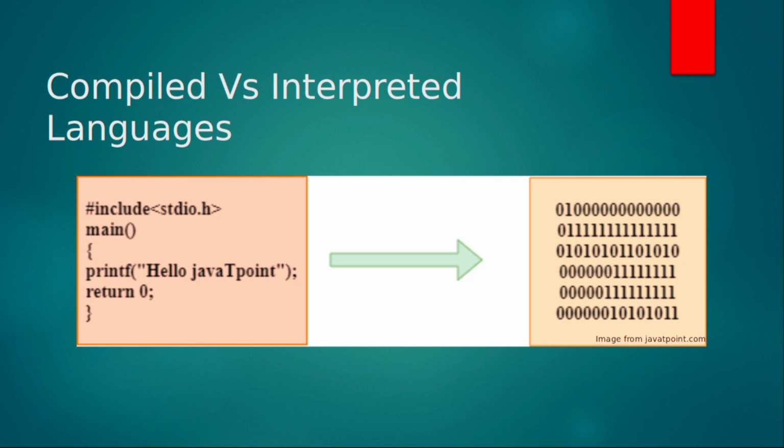In order for us to understand the compilation, we need to understand what happens when we write our source code in any programming language and how it gets to machine language, which is what the computer understands.